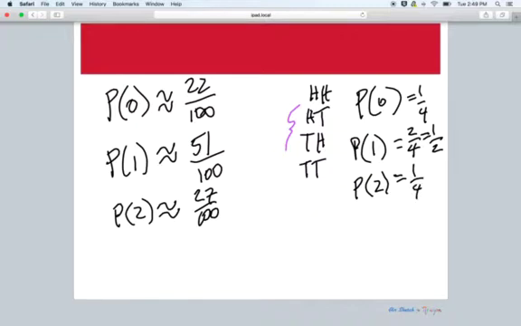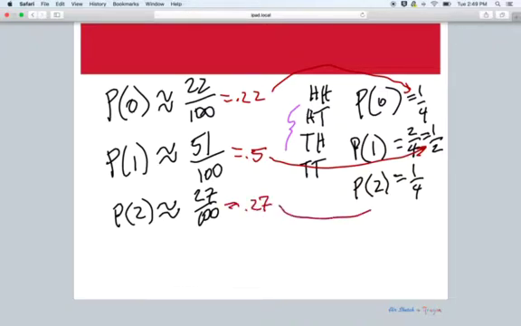And so we can see how these compare. The probability of 0 heads, 22 out of 100, or 0.22. How does that compare to the 1/4? That's 0.25. They're pretty close. Then 51 out of 100 is 0.5. How does that compare to 1/2? Again, pretty close. And then 27 out of 100 is 0.27, and that compares to 0.25.